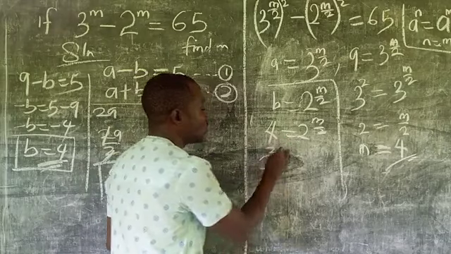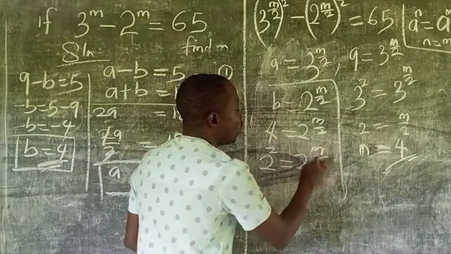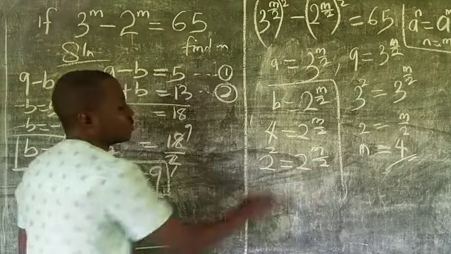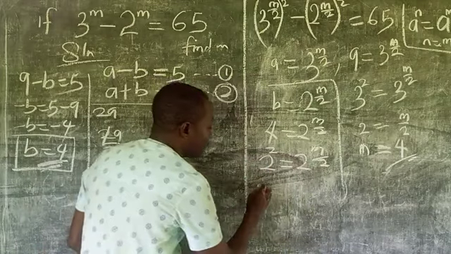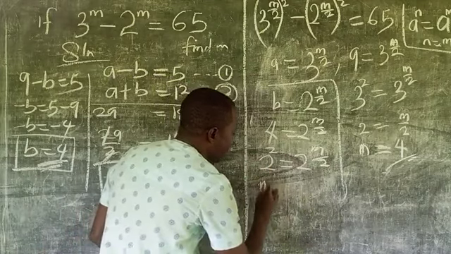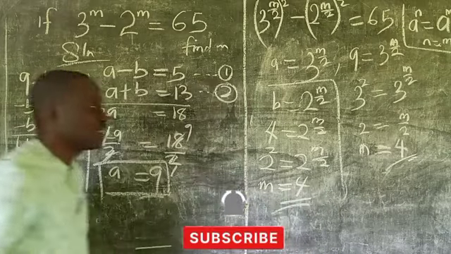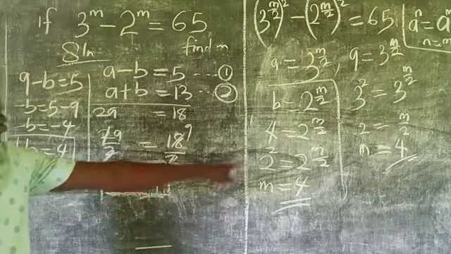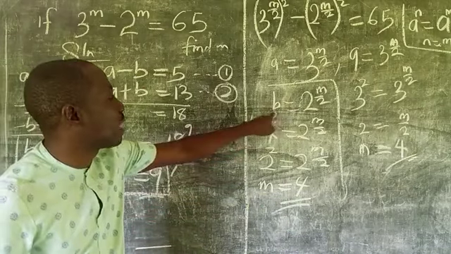So 2 raised to power 2, that is 4, is equal to 2 raised to power n all over 2. So the bases are equal, and we can equate the powers. So from there, n is also equal to 4. You see that? So n is equal to 4 definitely from the substitution of A and B.